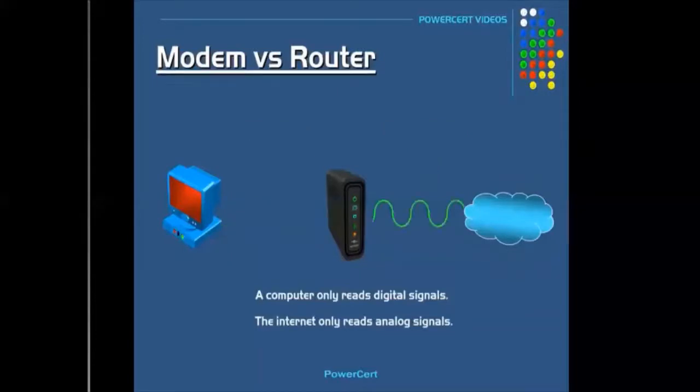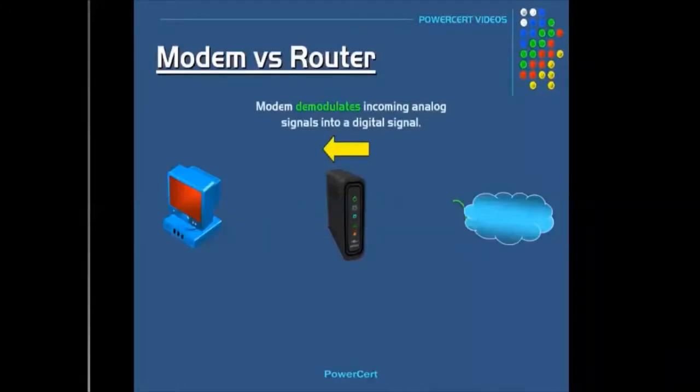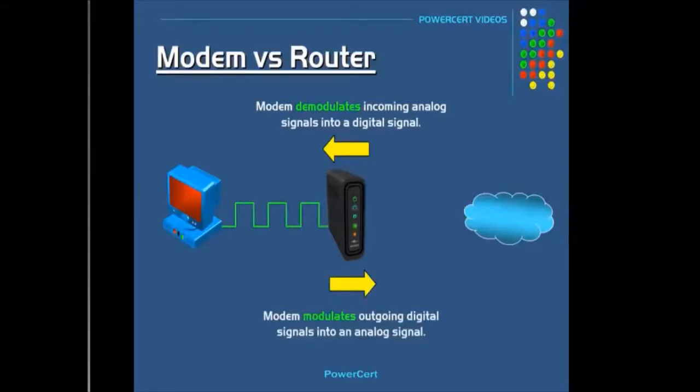As analog data comes in from the internet, the modem demodulates the incoming analog signals into a digital signal so that a computer can understand it. And a modem also modulates outgoing digital signals from a computer into an analog signal as it goes out on the internet. And this is where we get the word modem. The word modem means modulator, demodulator, which is exactly what a modem does. It modulates outgoing data from the computer and demodulates incoming from the internet.